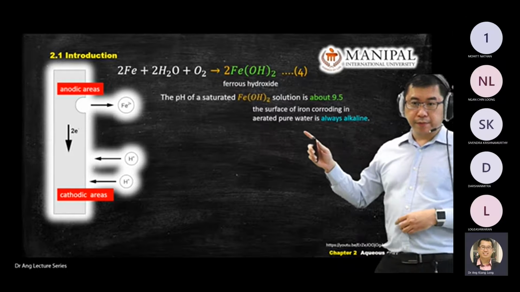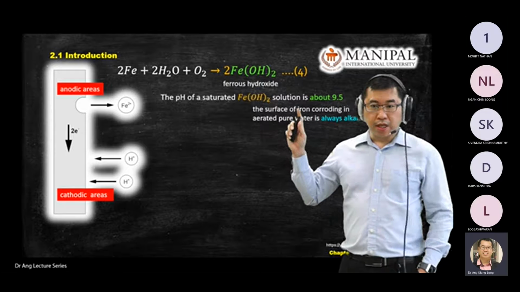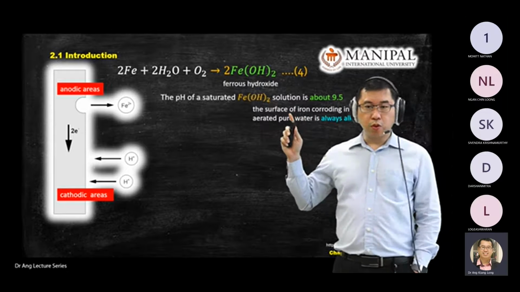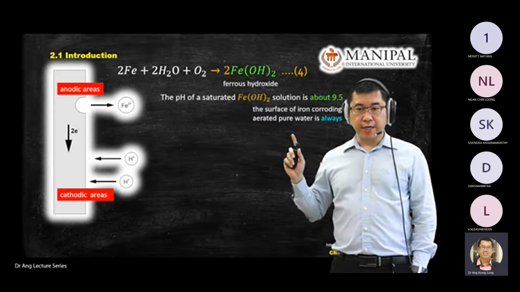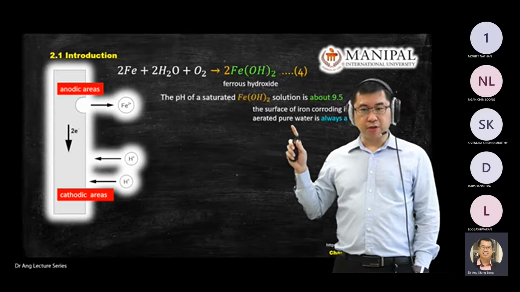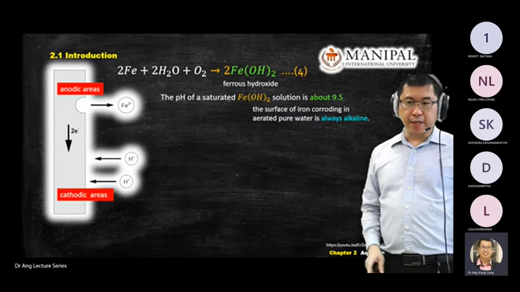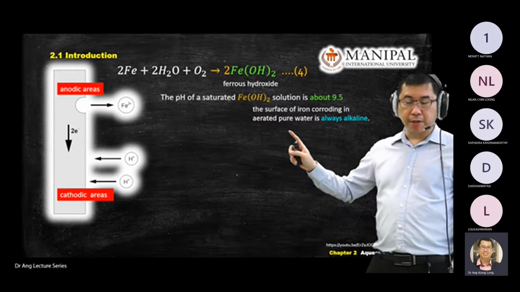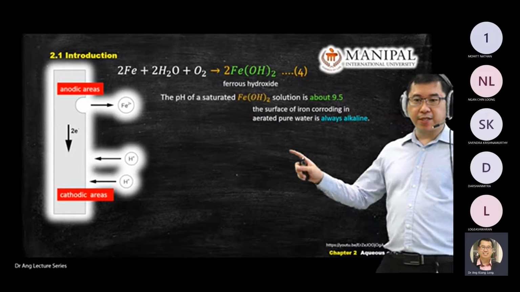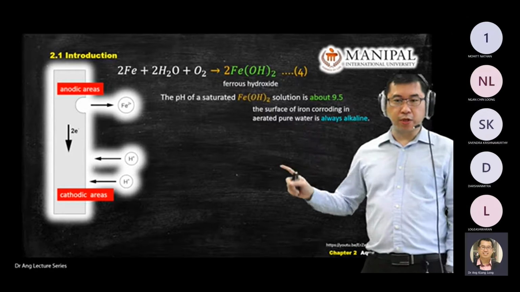Okay. So if you go to the corrosion site with pure water, but of course, this only happens in lab conditions, because in a real case scenario, you won't find pure water.